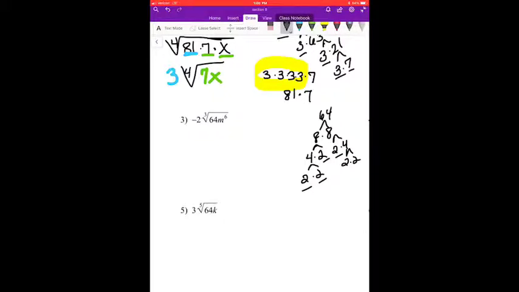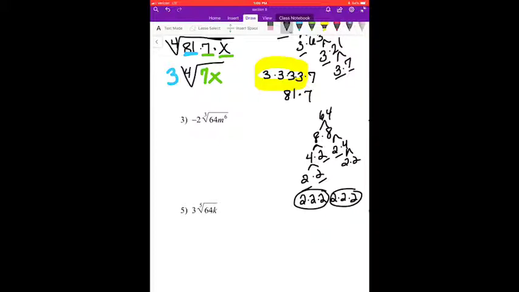I have 1, 2, 3, 4, 5, 6 2s. So that means I have 2 perfect cubes. If everything I have is a perfect cube times perfect cube is perfect cube, right? Y'all already said it was a perfect cube.